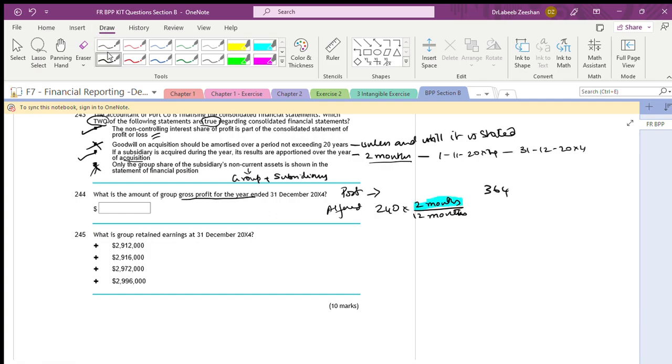So 240 into 2 divided by 12 comes to 40. So the outcome is 404.